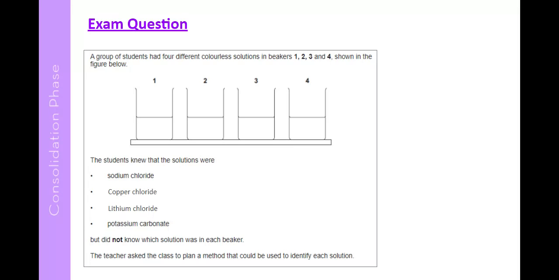But they don't know which one is in each beaker. So the teacher wants you to make a plan, make a method to test each solution to be able to work out which one is which. Pause the video, complete that task, come back for your answer.